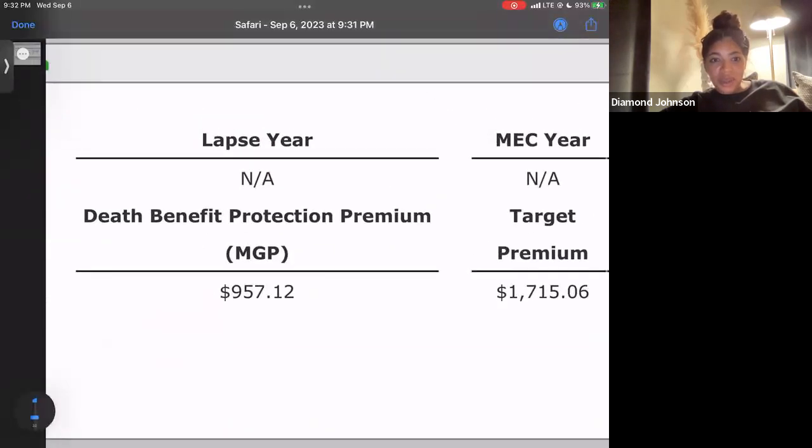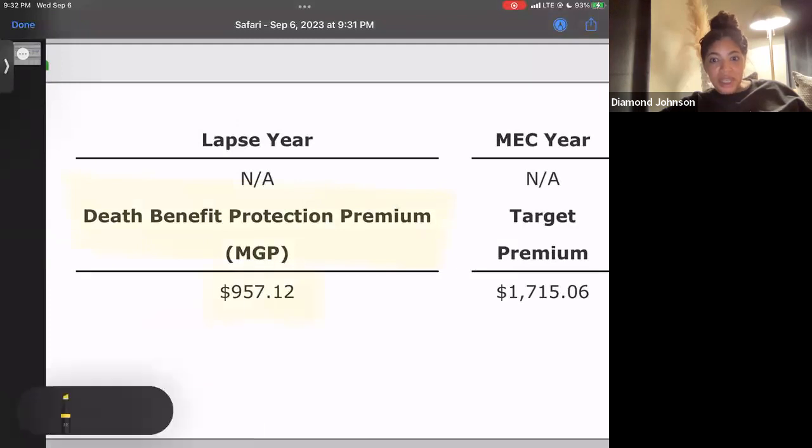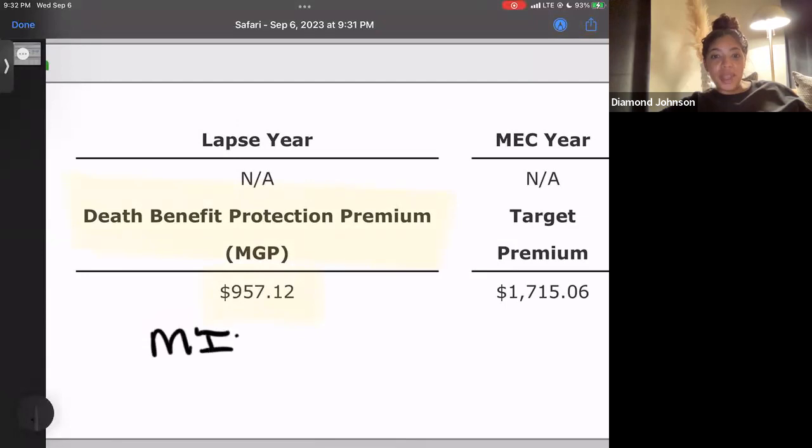Then we're going to go into our death benefit protection premium. This is what NLG recommends. This is the minimum amount you're going to have to pay yearly to satisfy the cost of your life insurance, as well as the cost of some investment in the S&P 500.